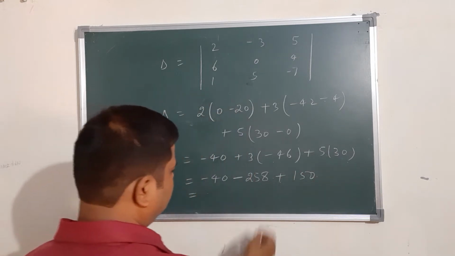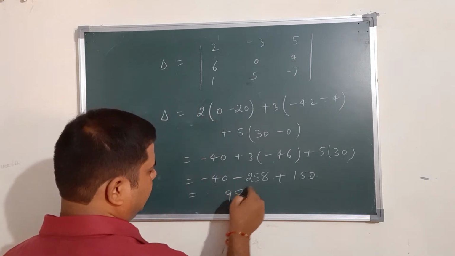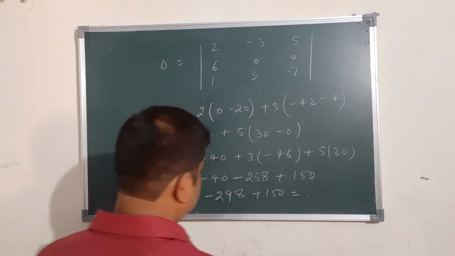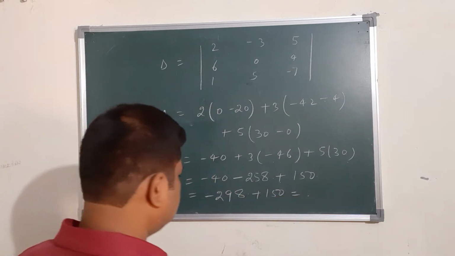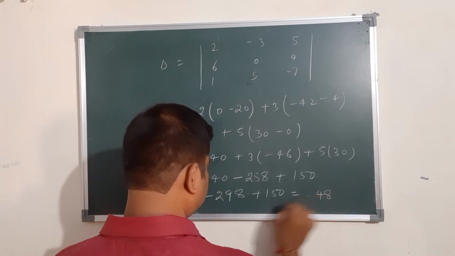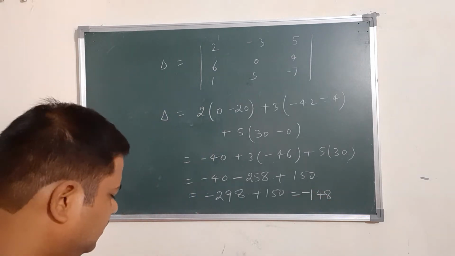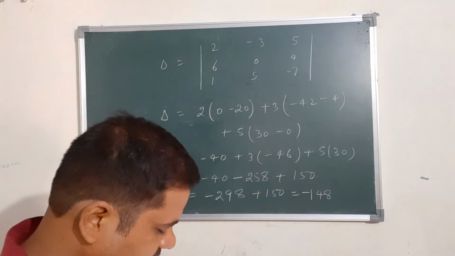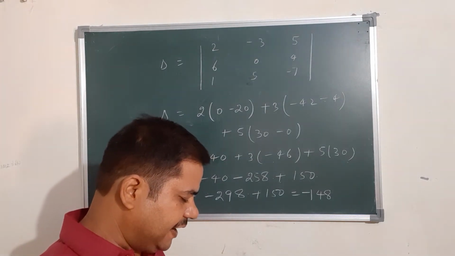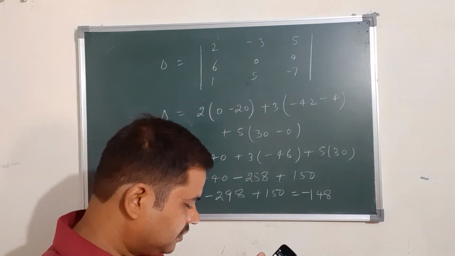So after solving this we will get minus 178 plus 150. If we subtract it, then you will get minus 28. So minus 28 is the expansion for this determinant. If we interchange rows and columns and expand it, then we will get the same answer.